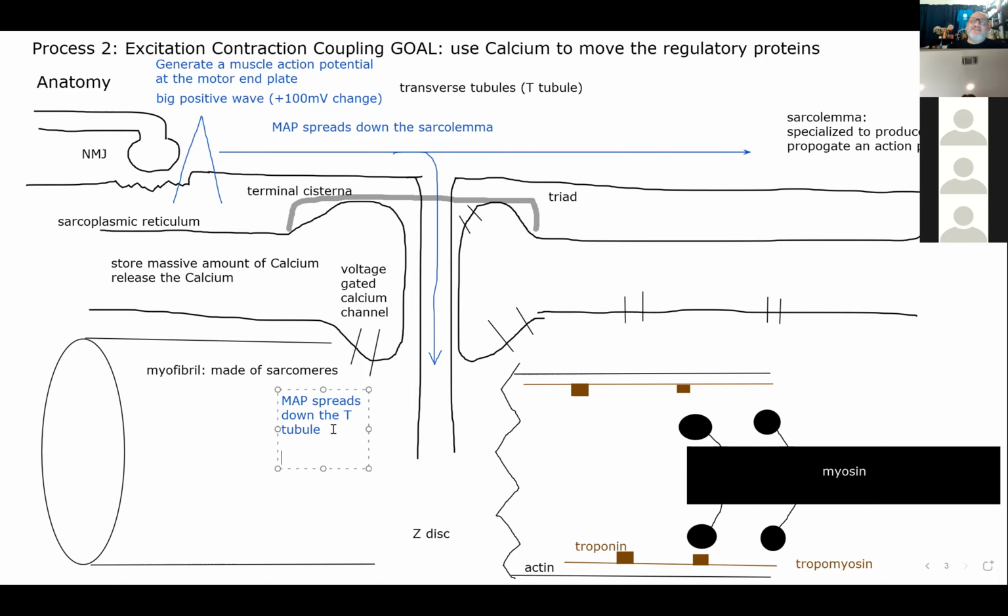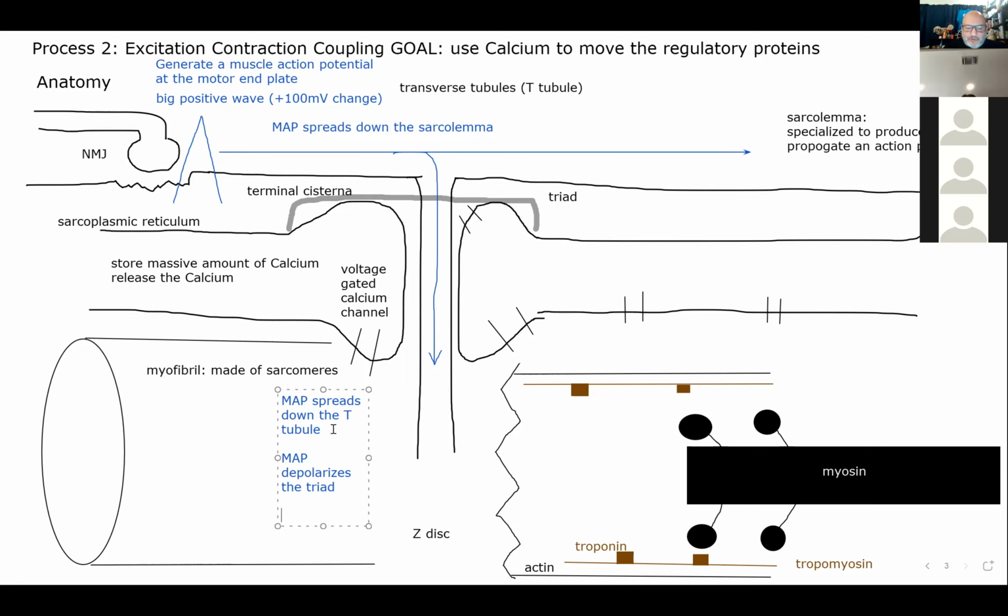And did we have a fancy name for making something more positive? Depolarization? Yeah, exactly. So our muscle action potential depolarizes the triad, which of course is the transverse tubule and the terminal cisternae of the sarcoplasmic reticulum.